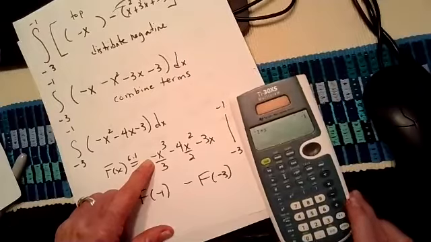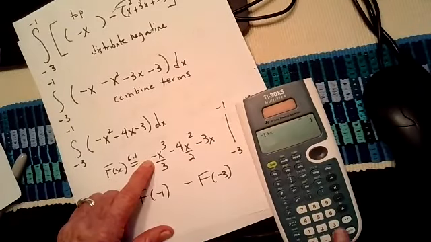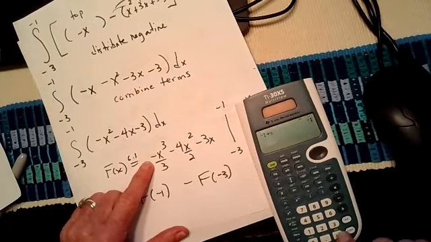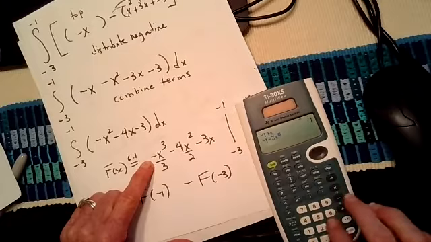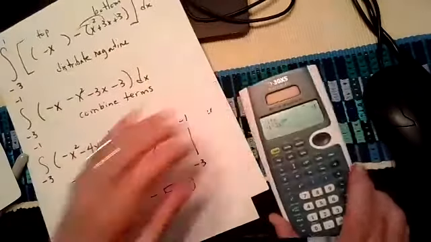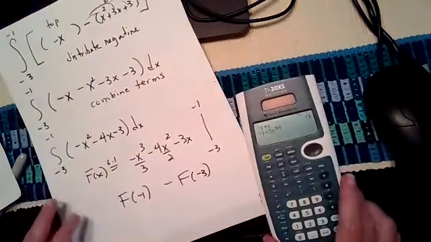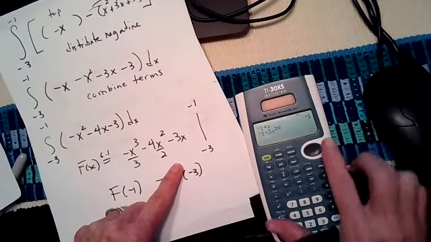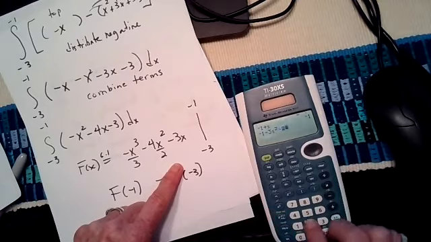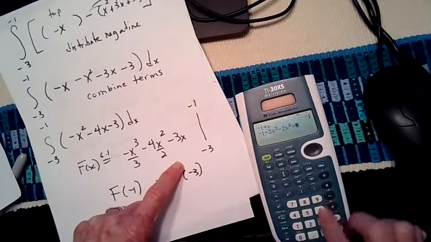So I want to be clear that this is your negative down here and this is your minus up here. They're different, okay? So it's -1 divided by 3, x to the third, minus 2x squared, I'm going to come down, minus 3x.